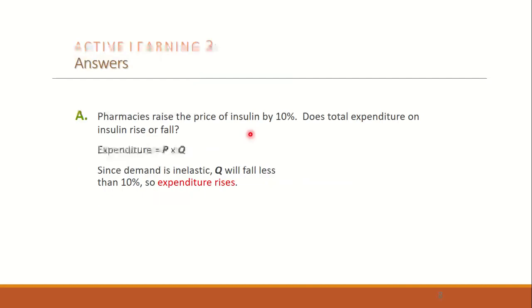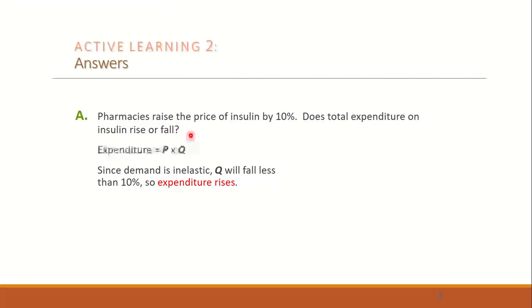Here is the answer of active learning, part A. Pharmacies raise the price of insulin by 10%. What do we know about insulin? It has fairly inelastic demand. People need it to survive, so does the total expenditure on insulin rise or fall?